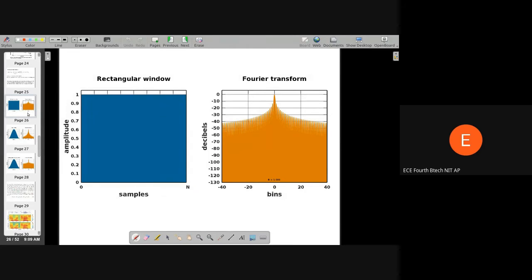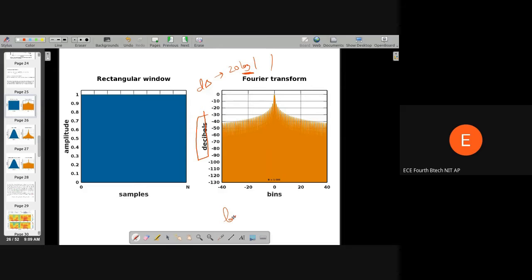One thing to remember: it's a norm that we represent all this in dB, so 20 log of the magnitude. When you use log, the small fluctuations and the large ones can both be seen.